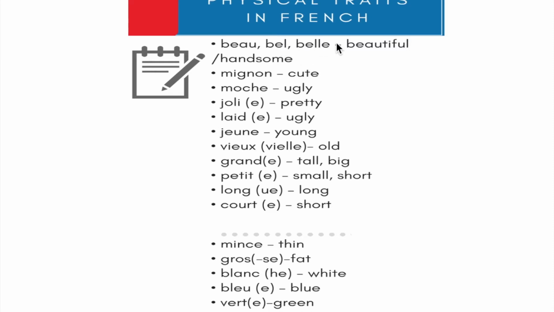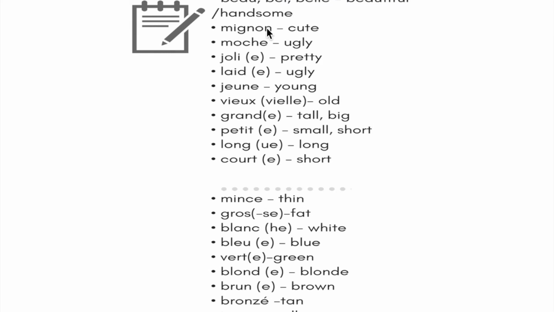Bel with one L for masculine, but that's a special form of the masculine. Belle, feminine. So beau, bel, belle. Beautiful or handsome. Mignon, mignonne, cute. Moche, moche, ugly. Joli, without the E for masculine and with the E at the end for feminine.